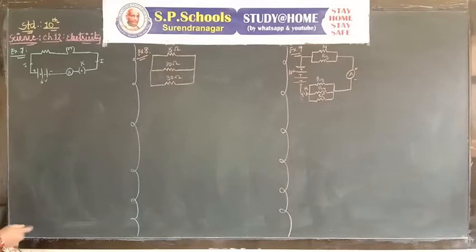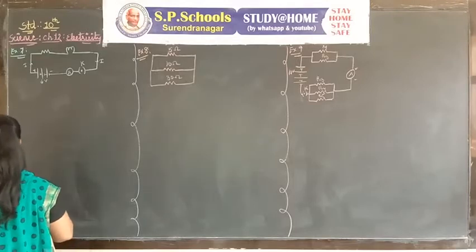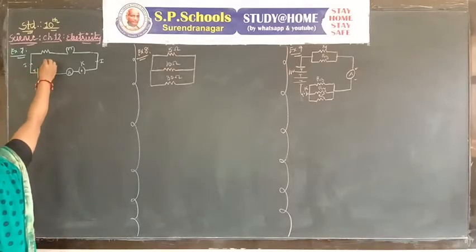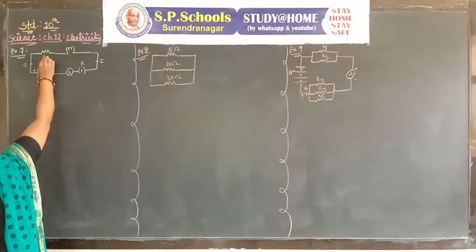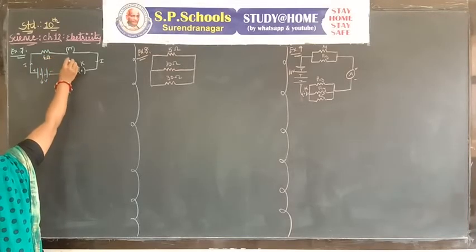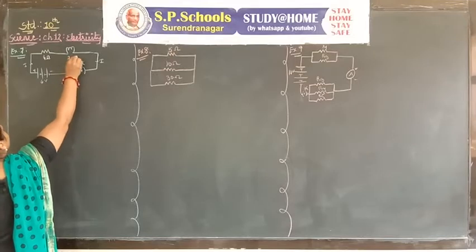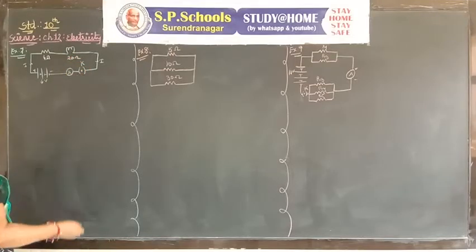With the help of the circuit we find whether they are arranged in parallel or series, and then calculate. In the circuit we already saw the 4 ohm resistor and 20 ohm resistance. If two points are not given, and it goes from one point to another, it will be series combination.